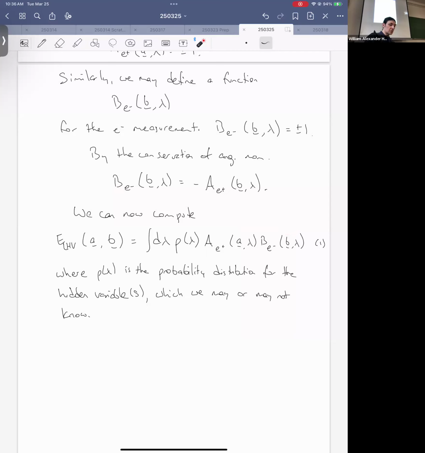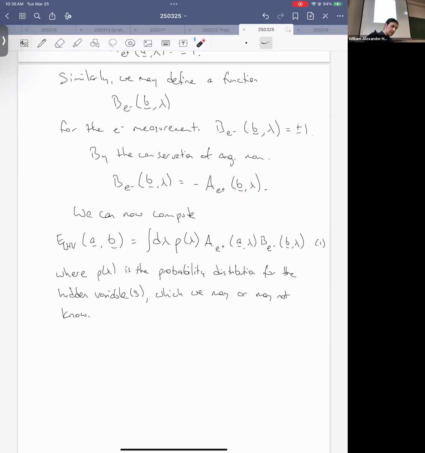I'm not sure what your question is. I haven't thought about this. But then just above that, you write B vector inside the A, but I assume you mean something different. You don't mean it depends on the direction chosen after the electron.